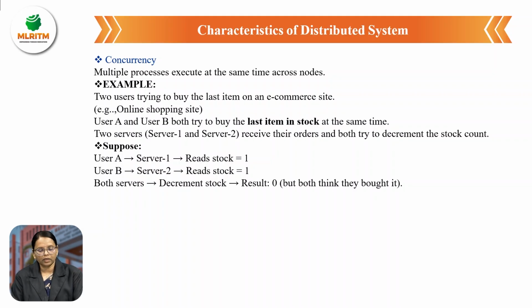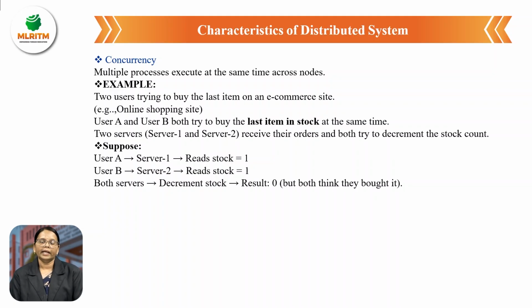Two servers, server 1 and server 2, receive their orders and both try to decrement the stock count. Server 1 reads stock 1 and server 2 also reads stock 1. Both servers decrement the stock, so the result is 0, but both think they bought it.